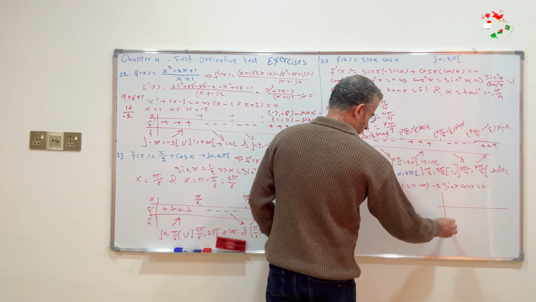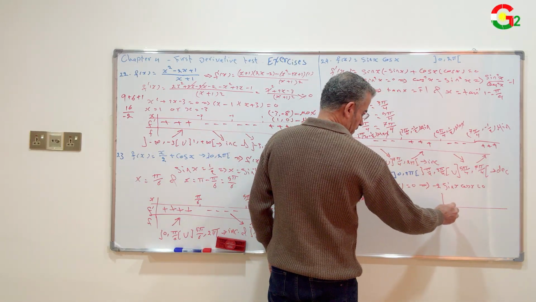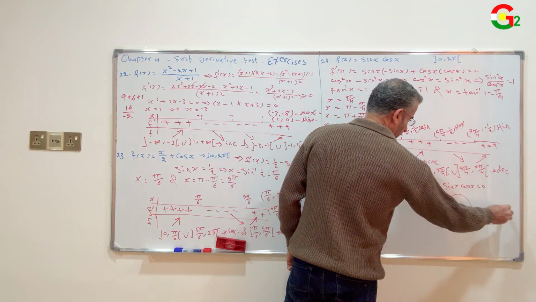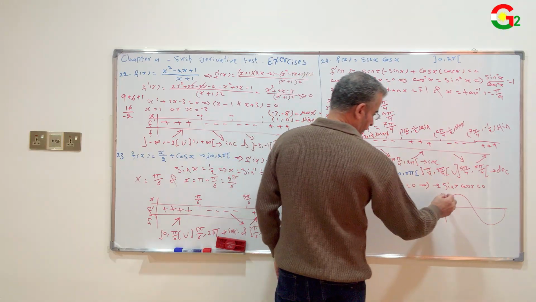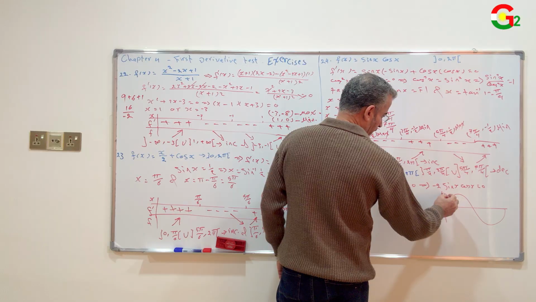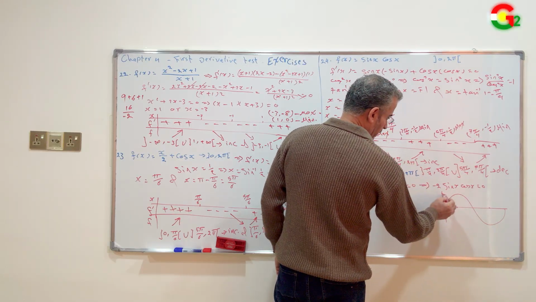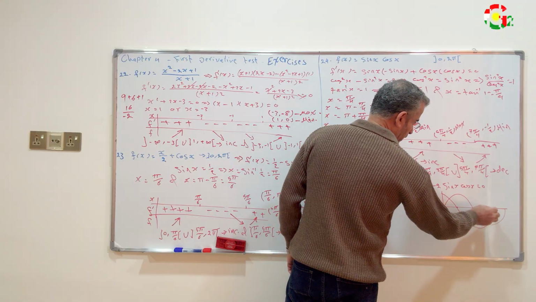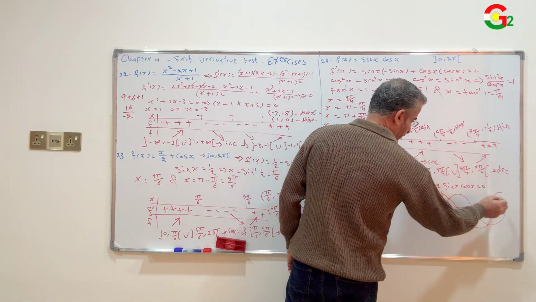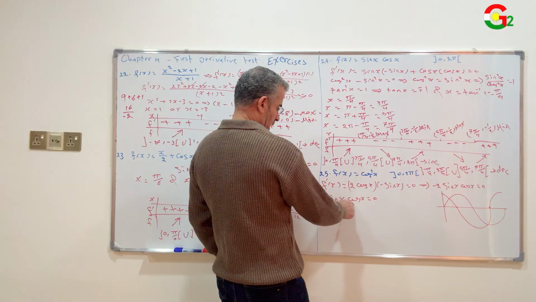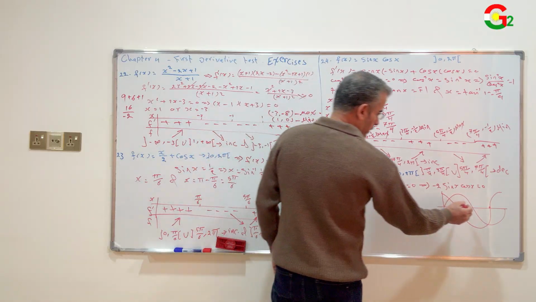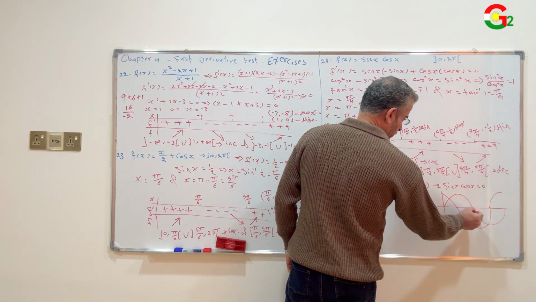From the graph of this function, this is the graph of the sine, and this is the graph of the cosine. The value that makes sine 0 in this interval is pi.